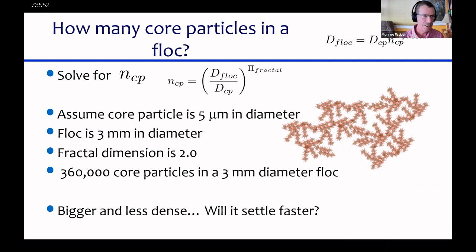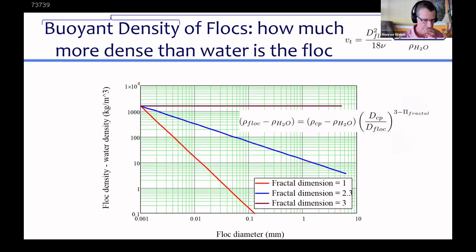So this is our big question. Is this monstrous flock that we've created actually going to settle faster? I think I can do this yet, and then we'll call it a good day. Here's the equation for terminal velocity of a particle. This is the case for laminar flow, Stokes' law.